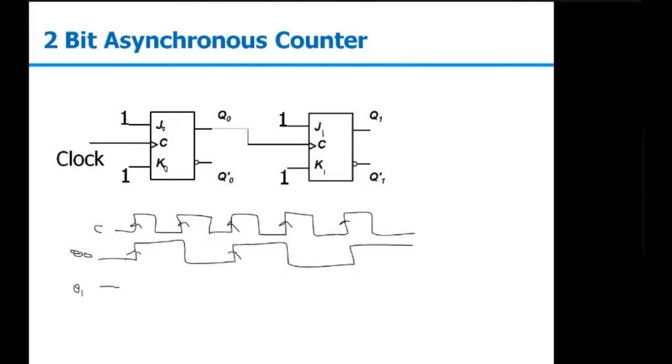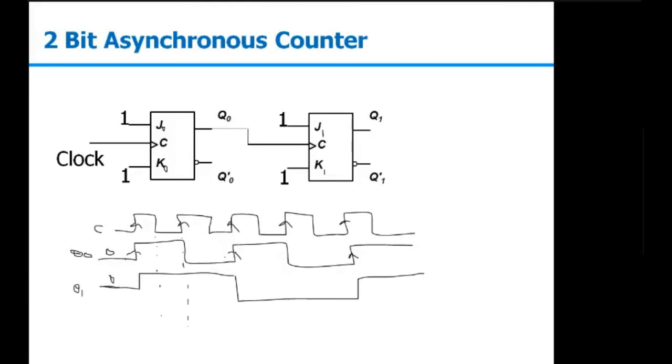So my Q1 will change at this instant. Initially Q1 was 0. Here it will be toggled. Now we will not be seeing the clock, because this Q0 is the new clock for my flip-flop. Here it will be toggled and then it will be toggled here. Now if you see, this is my 00.